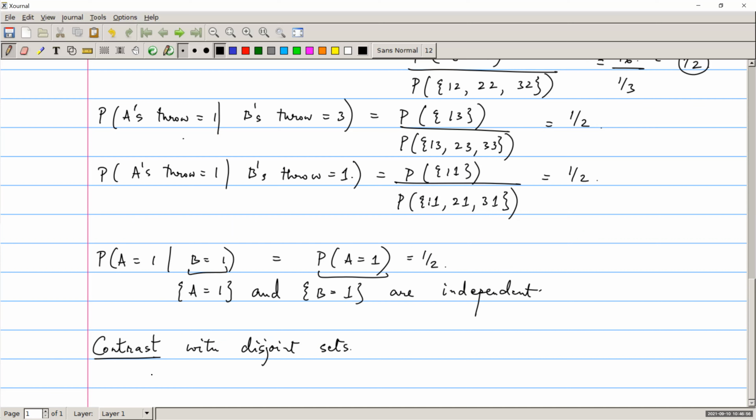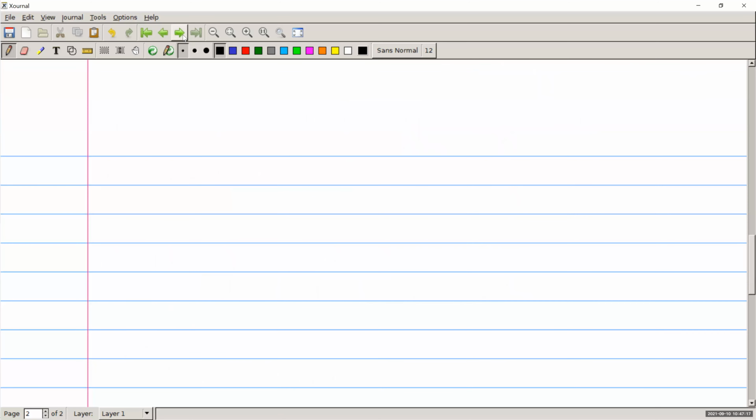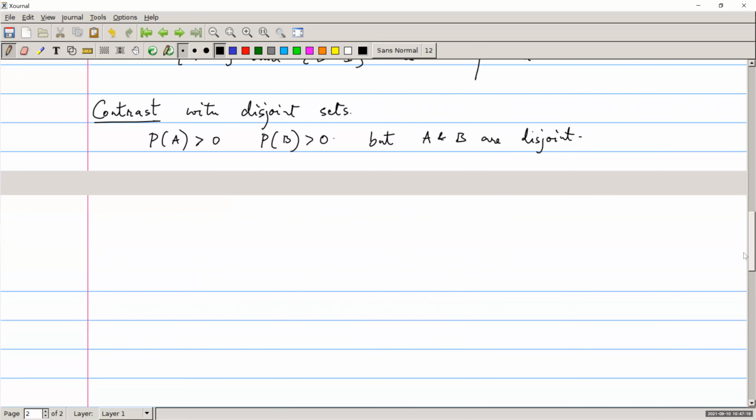Suppose you have a set A whose probability is not 0, and another set B whose probability is also not 0, but A and B are disjoint. So disjoint means they don't have any elements in common, right? So disjoint means their intersection is empty. So what is the probability of A given B?